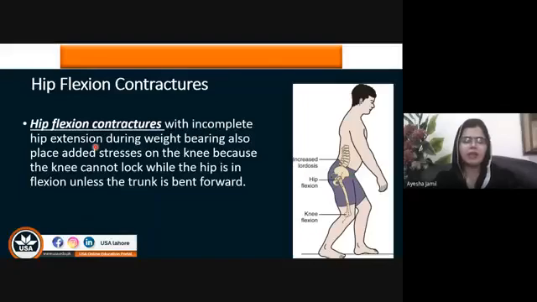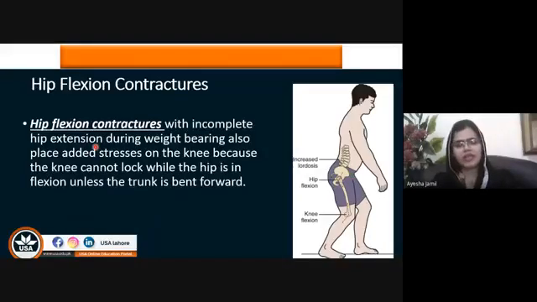Obviously, in an attempt to cause the extension by passive force, the individual might feel a stretch or pain on the anterior thigh or the groin area. So, whenever the hip is set into flexion, there will be compensatory movements at the other regions as well.